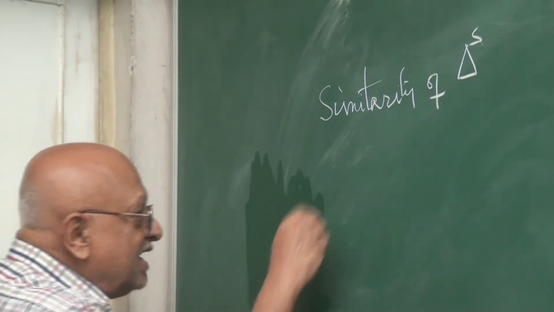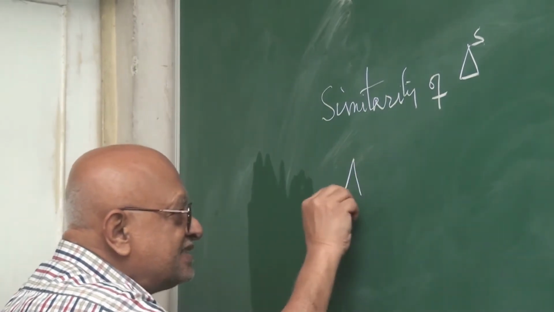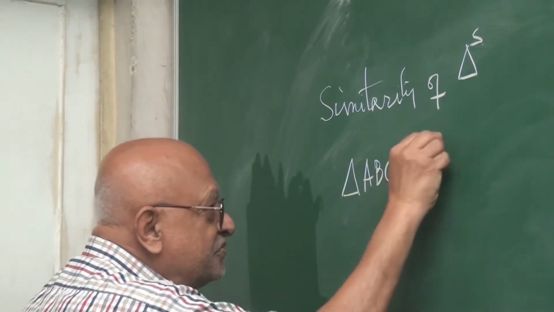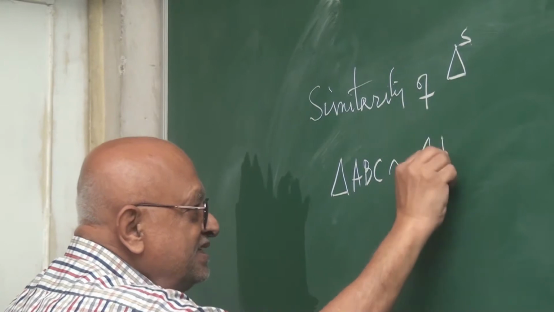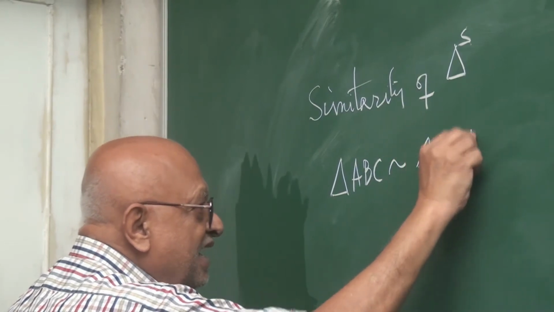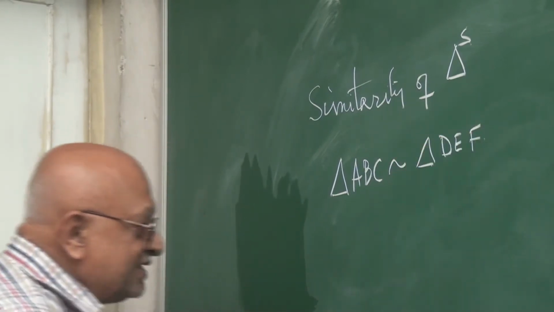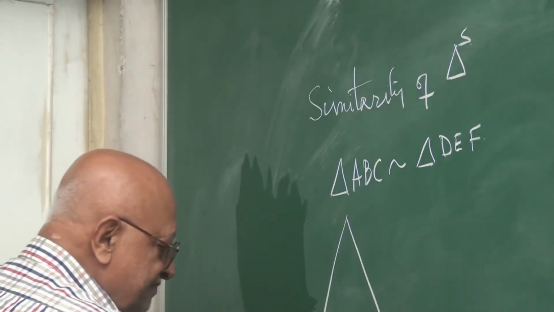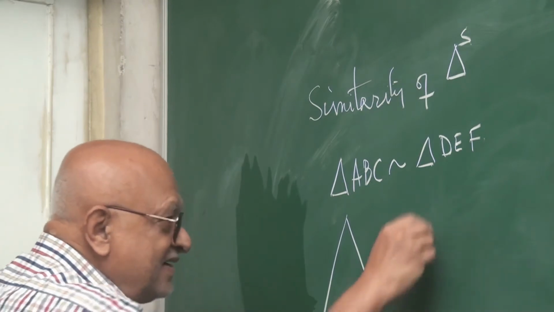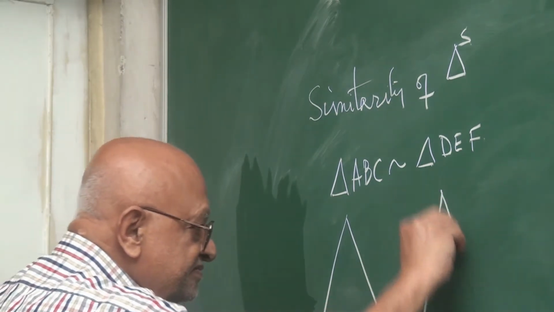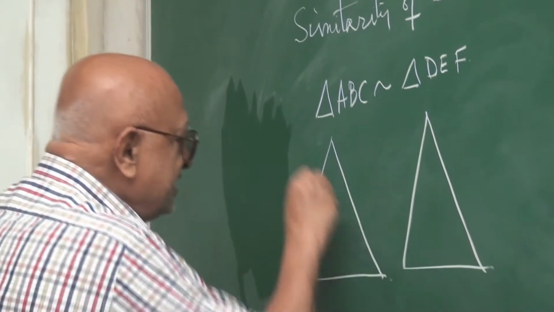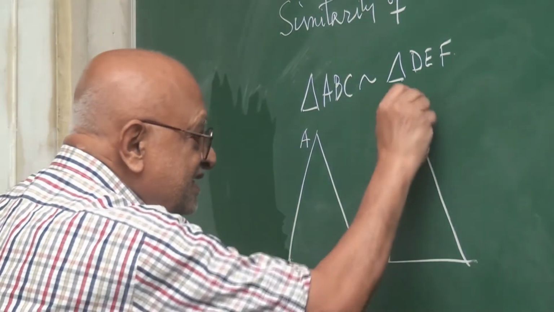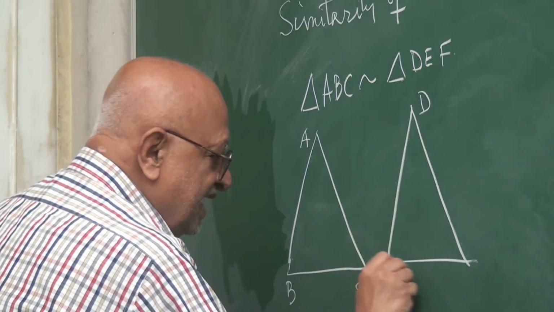Number one, we say two triangles, let us say triangle ABC is similar to triangle DEF. What does it mean? So let's draw those two triangles. This is one triangle and this is the other triangle. I will mark them as A, B, C, D, E, F.